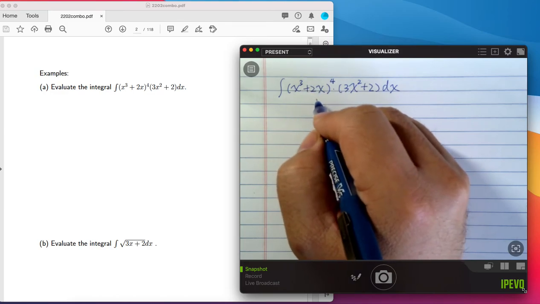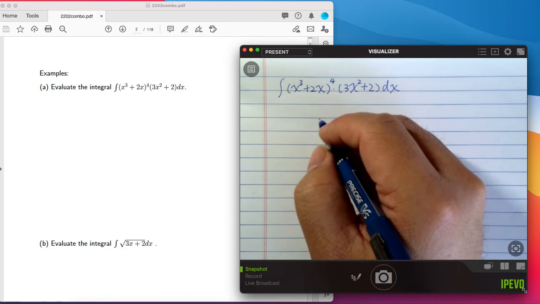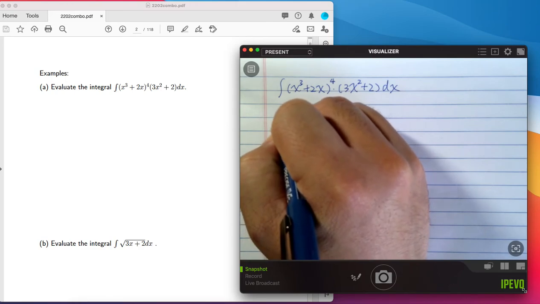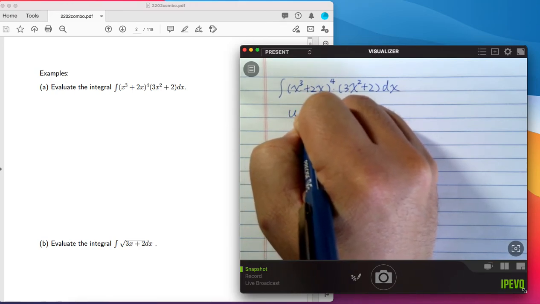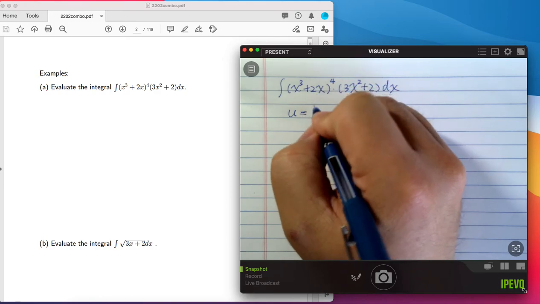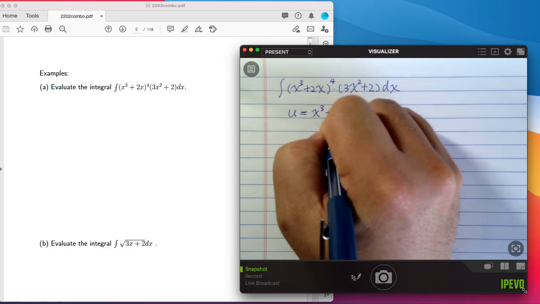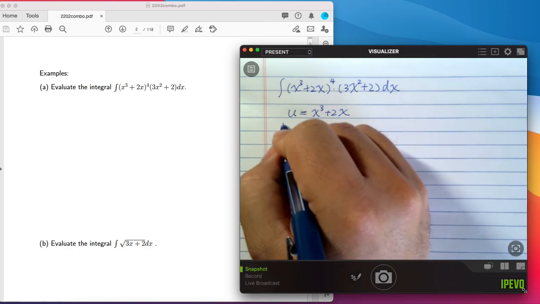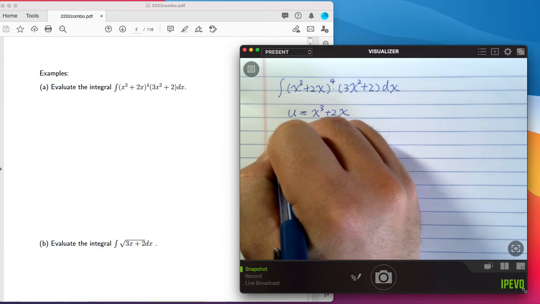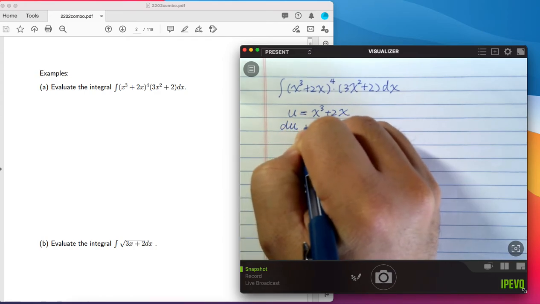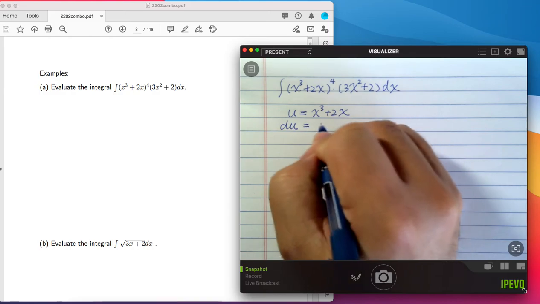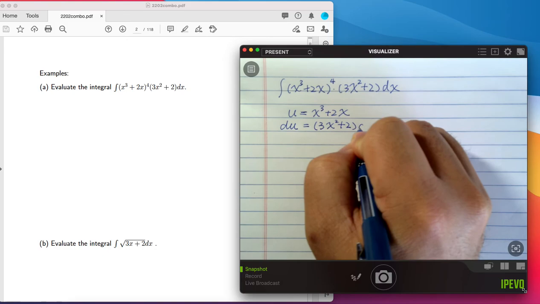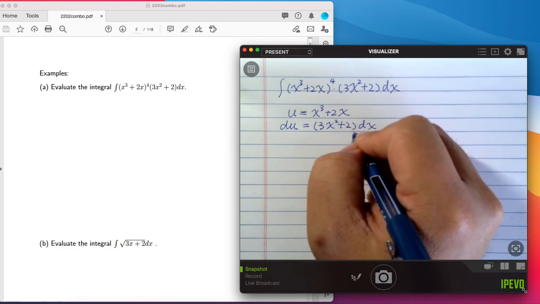So, as we just talked about, we're going to make a u substitution and let u equal the inside function of that composite function, which is x cubed plus 2x. Then we differentiate both sides. We're going to have du on the left hand side, and on the right hand side it becomes 3x squared plus 2 dx. This is in differential form.